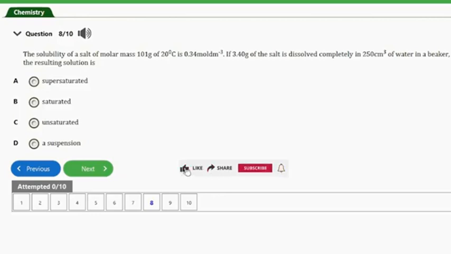If 3.40 grams of the salt is dissolved completely in 250 cm cube of water in a beaker, the resulting solution is A. Supersaturated, B. Saturated, C. Unsaturated, D. A suspension. So guys, let's go ahead and observe this together. So let's zoom into our workspace and see this together.